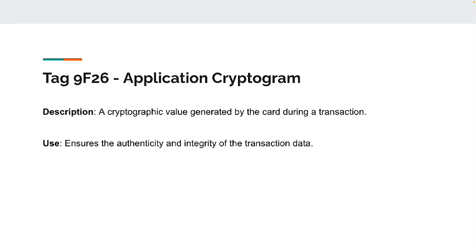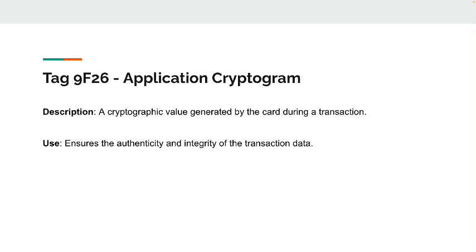We have now 9F26, which is the application cryptogram, right? This is a very, very important tag. This tag is generated by the card itself during a transaction, right?